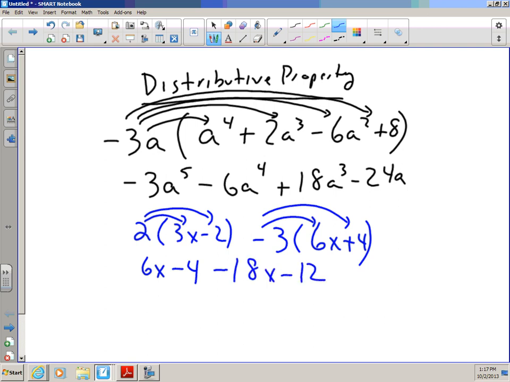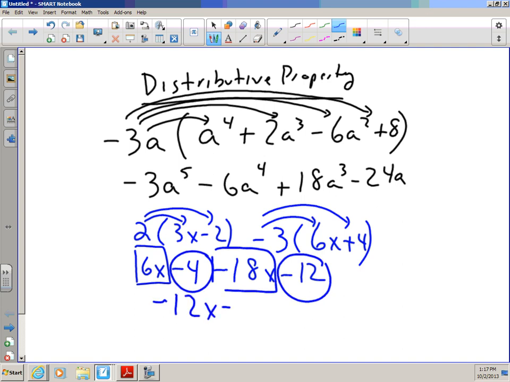Now here, we do have like terms. So I can further simplify this to negative 12x minus 16. And the point of all of this is that what we've done is we've taken a more elaborate expression and culled it down into just 2 separate terms.